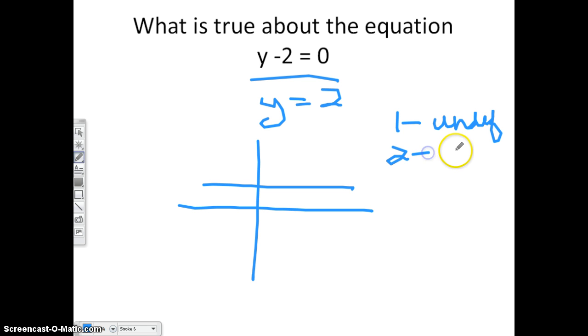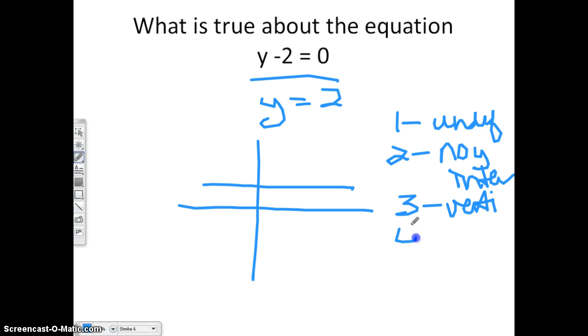One of the options may be that it has no y-intercept. One of the options may be that it is a vertical line. One of the options may be that it is a horizontal line. For this situation, you would choose horizontal line.